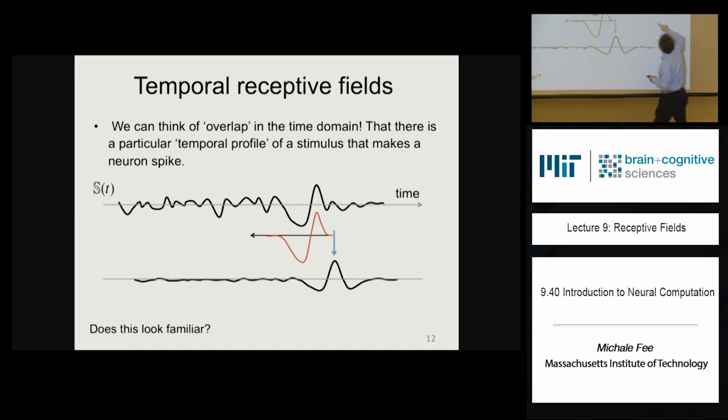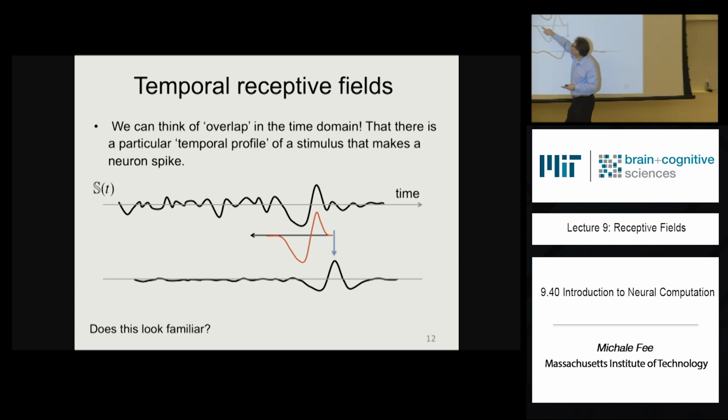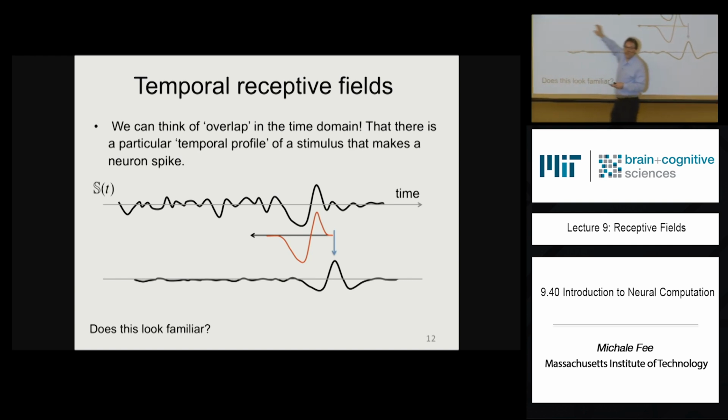Remember, this is 0 everywhere outside of here, right? And so we're going to multiply the stimulus by this kernel. That product is going to be 0 everywhere, except right in here, you're going to get a positive bump when you multiply these two, a positive bump when you multiply those two, and the integral over tau gives us this positive peak here.